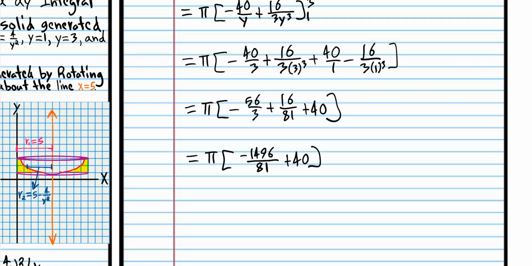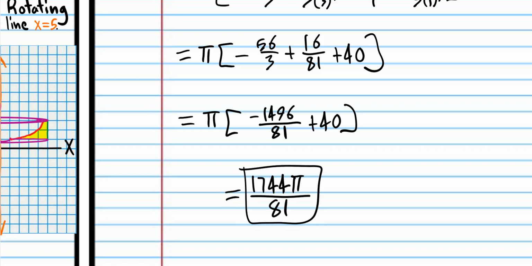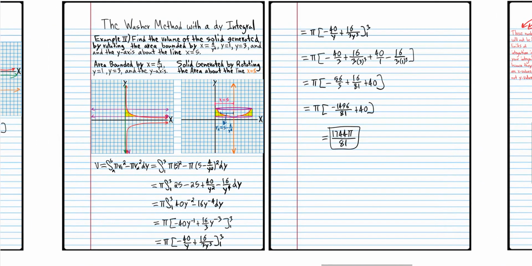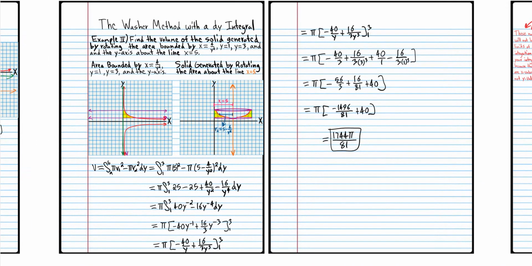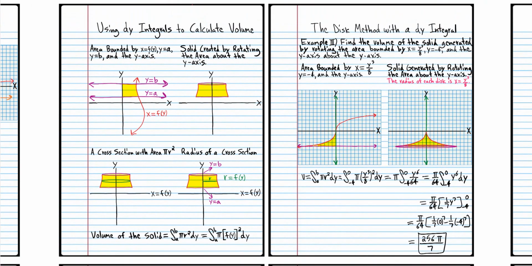And that's going to end up being 1,744 pi over 81. So there you go. So that was the shell method with a dy integral. Again, our cross sections are horizontal rather than vertical.